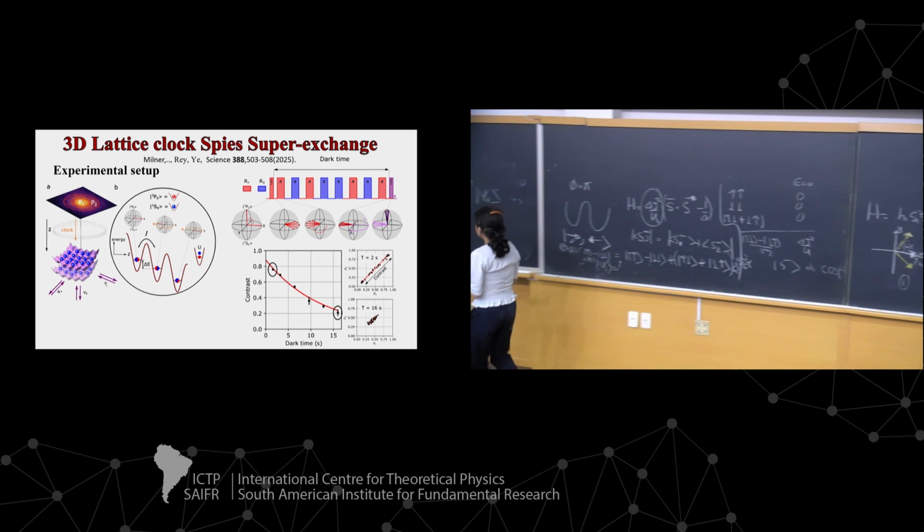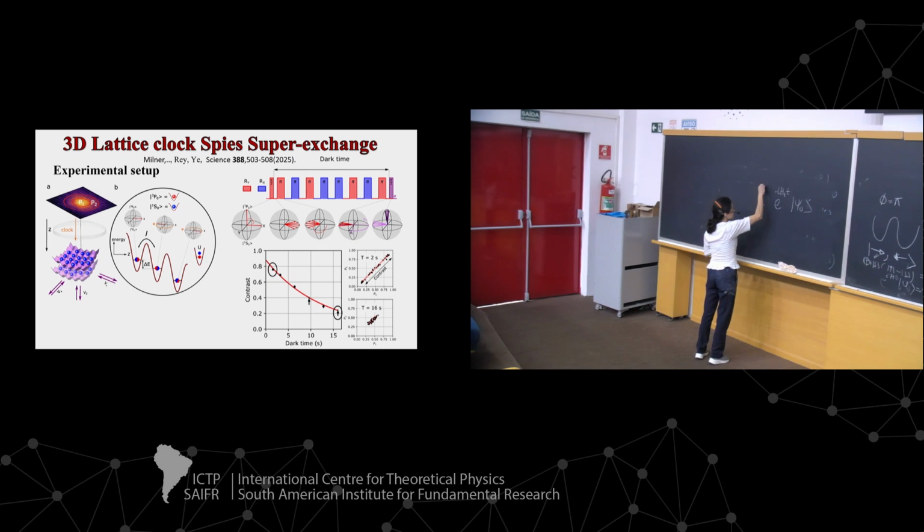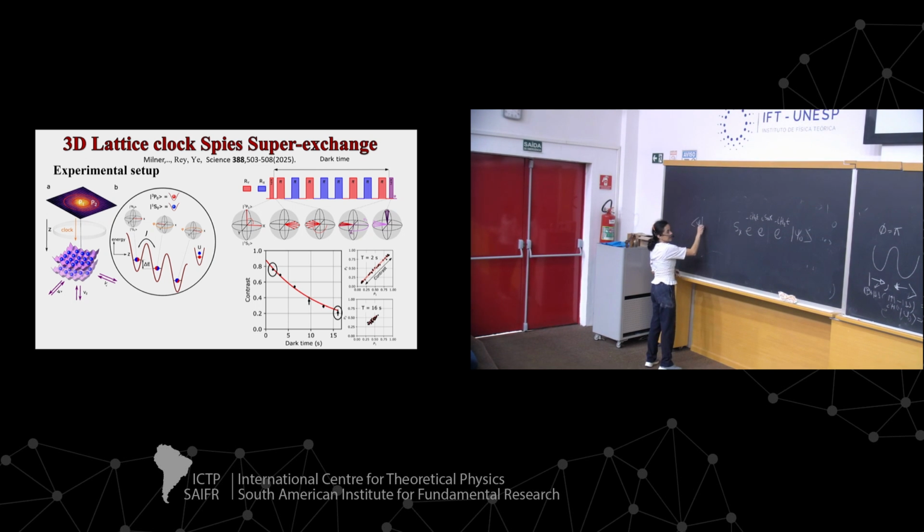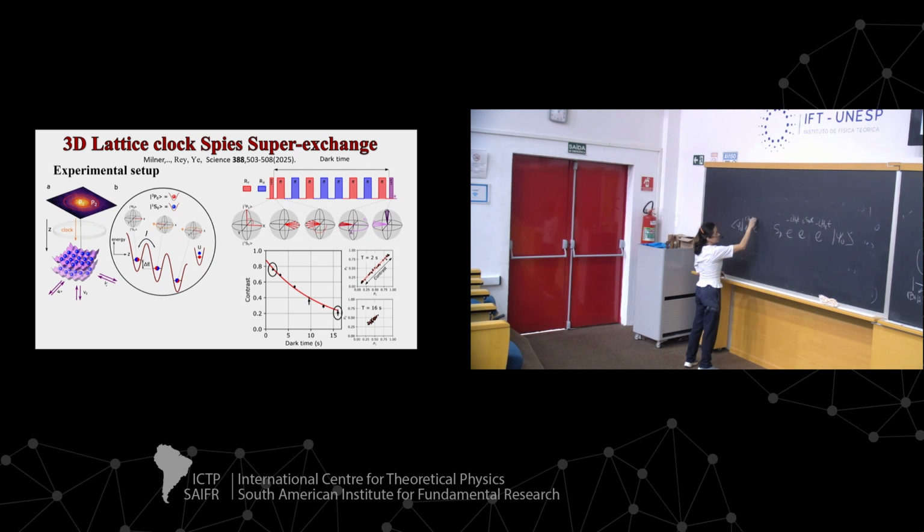Then I apply a rotation along the x direction by pi. Then I undo the Hamiltonian, letting the system evolve for another amount of time equal to this. And for example, I'm going to measure an observable that is Sx. So you have the same initial state, e to the i S C t, e to the i Sx pi, e to the i S C t.